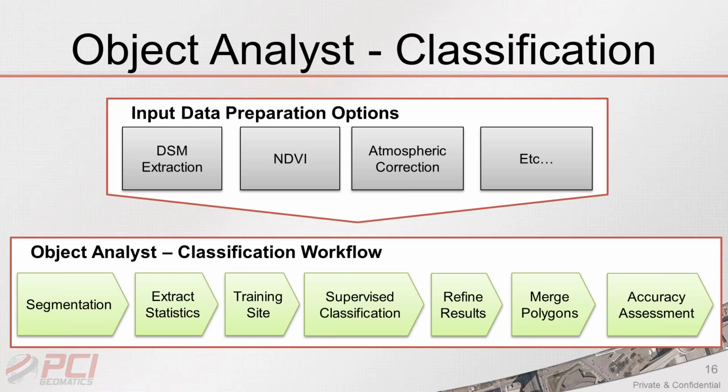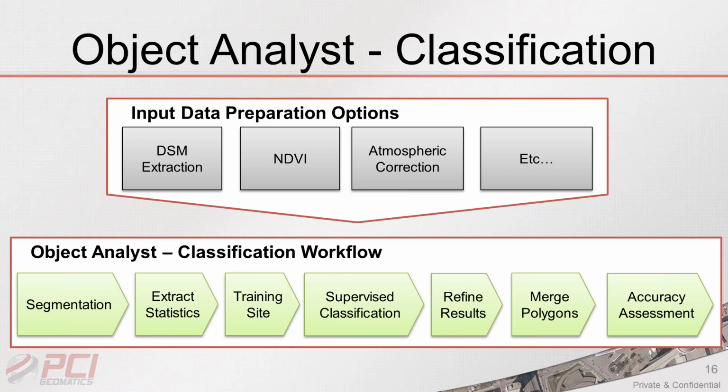We also have NDVI or vegetation indices, a variety of different ones, or you can perform atmospheric correction as well, or a variety of different input layers or preparation steps can be performed. One of the nice things is that all of these operations or algorithms already exist within Geomatica, so you get to work within a single software environment, which really makes for a much more user-friendly experience.